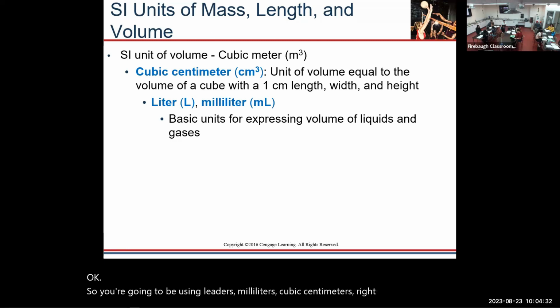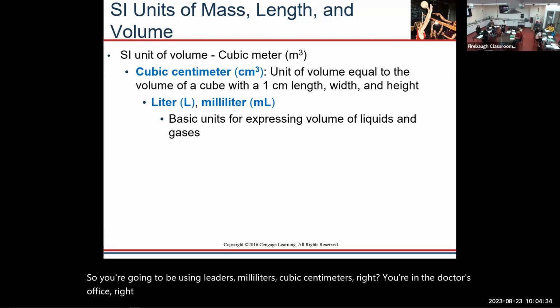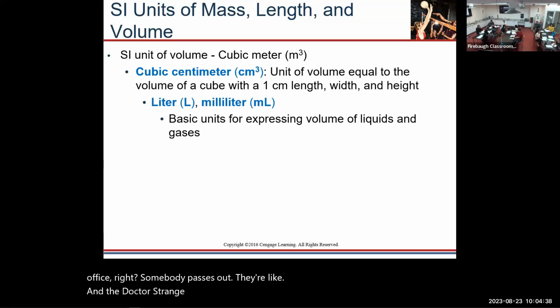So you're going to be using liters, milliliters, cubic centimeters, right? You're in the doctor's office, somebody passes out, and the doctor screams, I need 5 cc stat. What does that cc stand for?